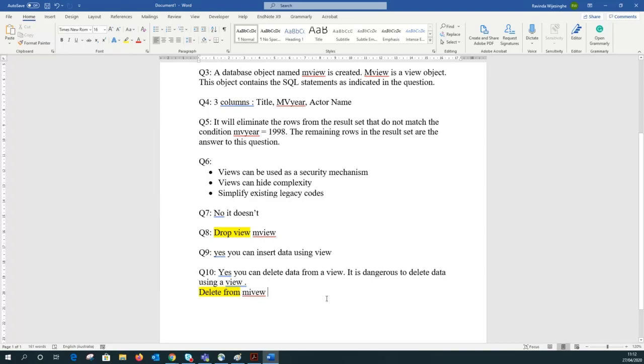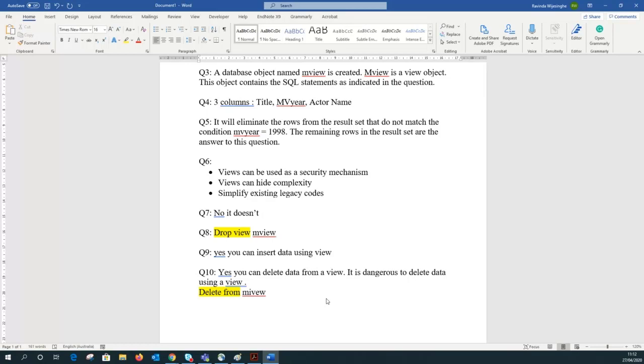Now, if you want to prevent people from deleting data from the view, what can you do? You can put a read only clause.